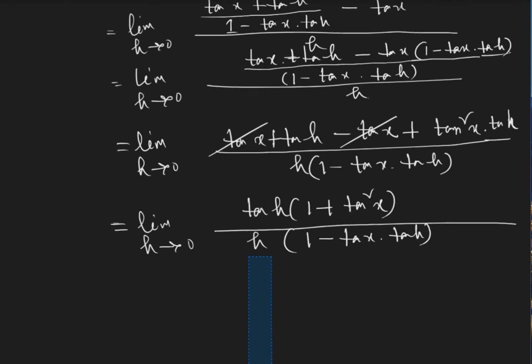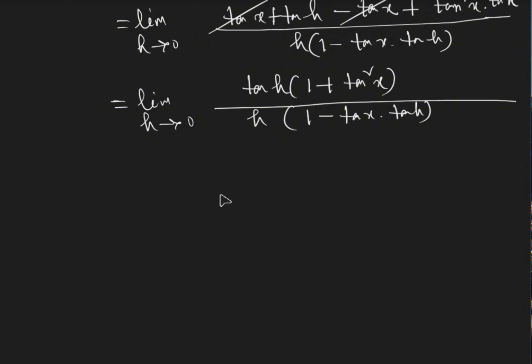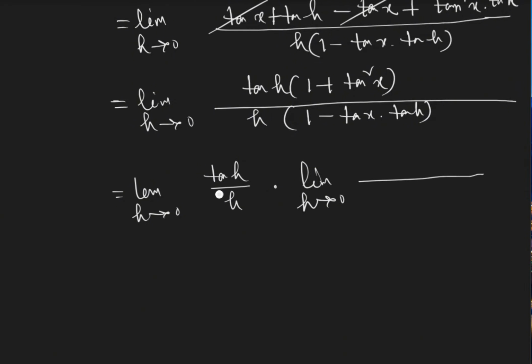And here what we can do, we can separate, like limit h tends to 0, and we could separate this part, and also we could write down h tends to 0.